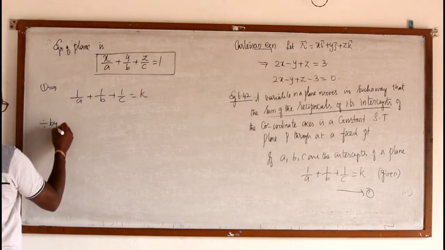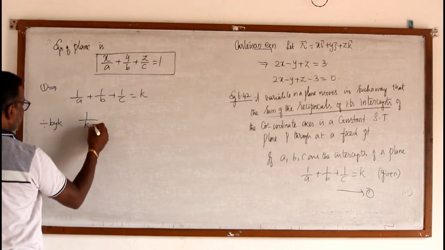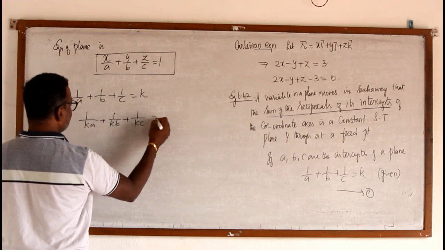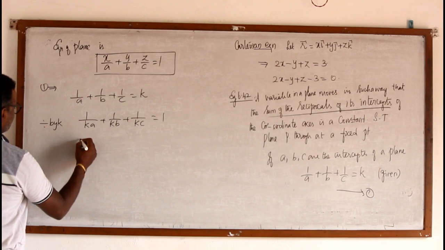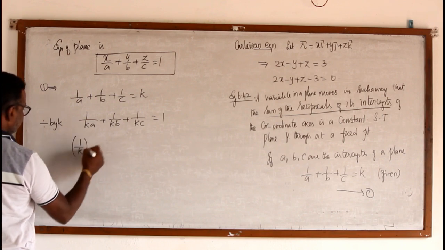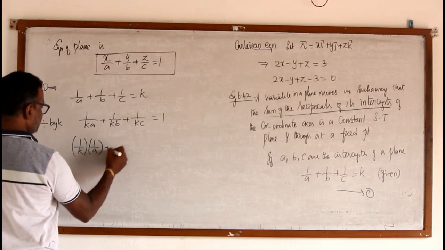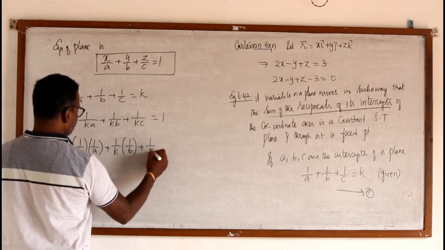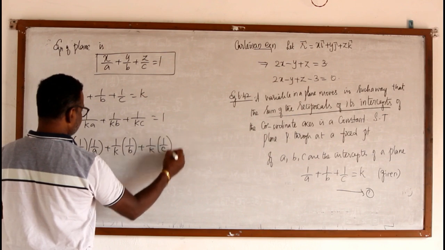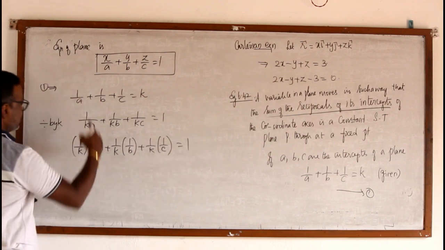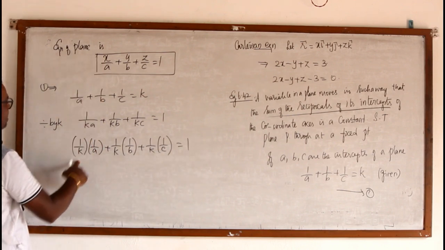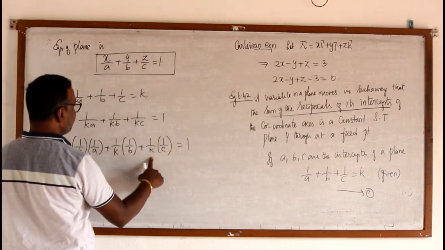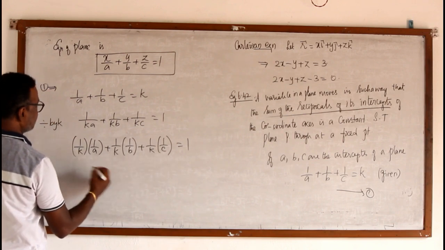When I divide by k, this becomes (1/k)(1/a) + (1/k)(1/b) + (1/k)(1/c) = 1, isn't it? That means in the place of x I have 1/k, in the place of y I have 1/k, and in the place of z I have 1/k.